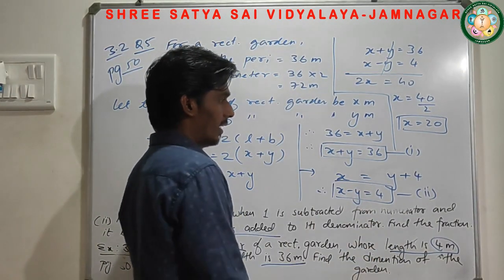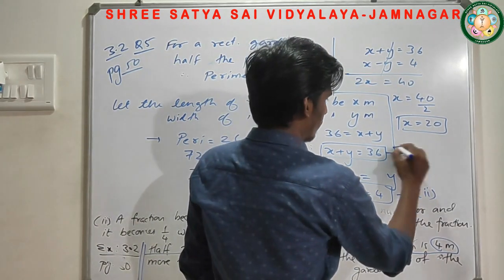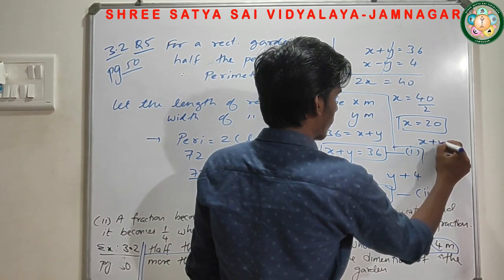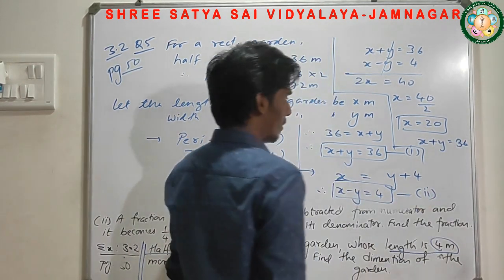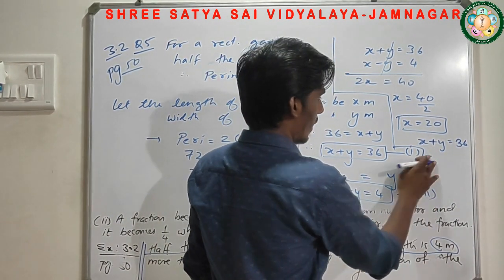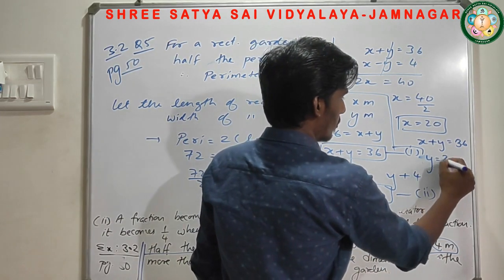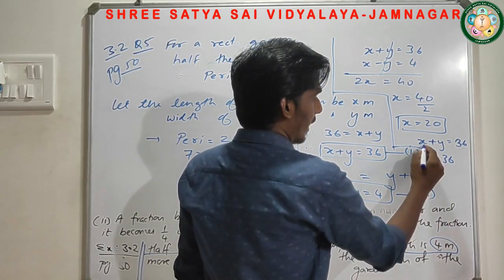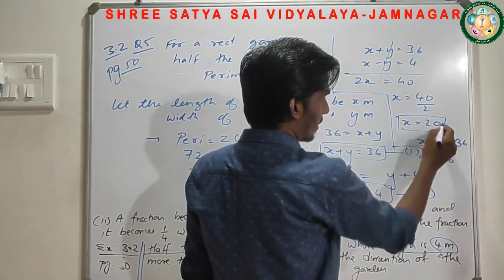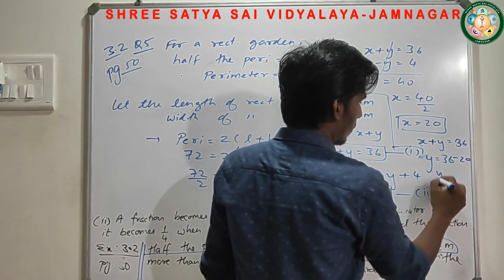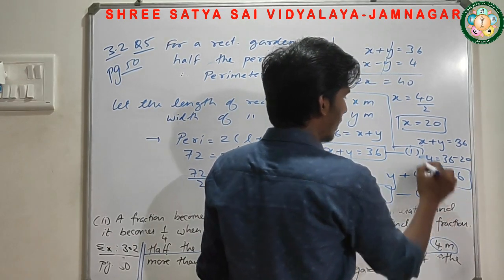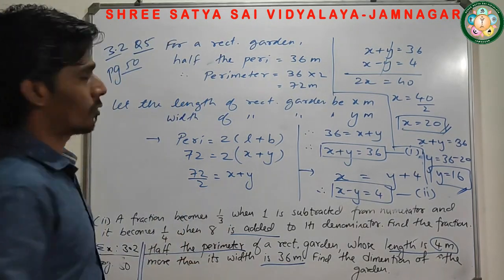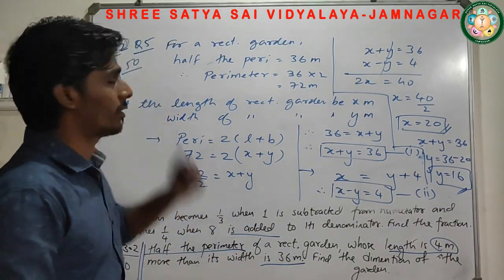Replace here and you get the answer. x plus y equals 36. So y equals, x will move to that side and get separated. What is x? 20, so minus 20. y equals 16 meters. So these are the two answers. So this is the way we can solve question number 5 of exercise 3.2.